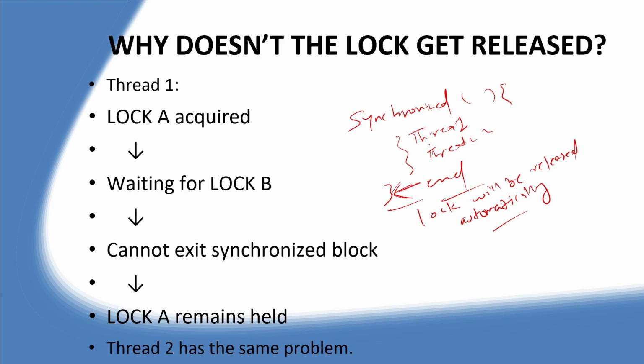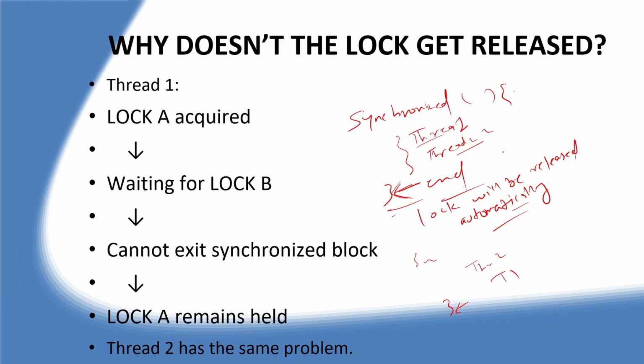Likewise, we have another synchronized block in which thread 2 is waiting for thread 1 to finish, and it is never reaching the end of the block. That's why the lock is not released automatically by Java. Automatically releasing locks at arbitrary points, in between the curly braces of the synchronized code, could also violate the correctness of the protected operation.